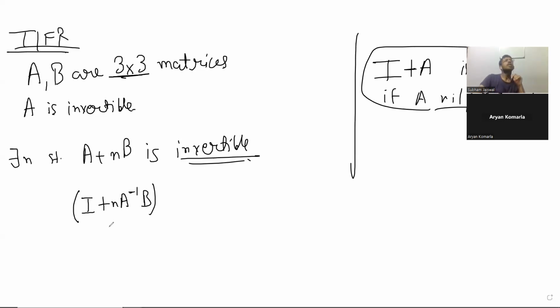But anyways, let us see if we can reason it without the determinant. For example, if you convert it to something like this, then you are looking at I plus this.